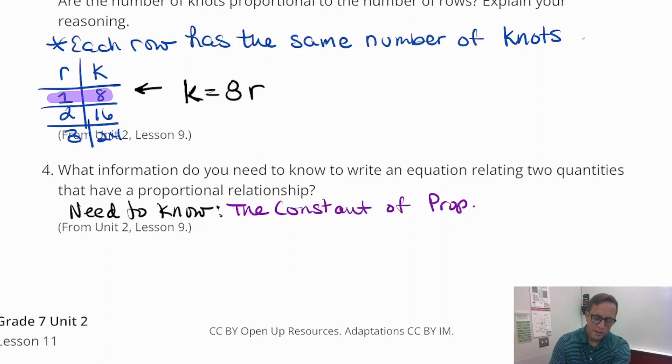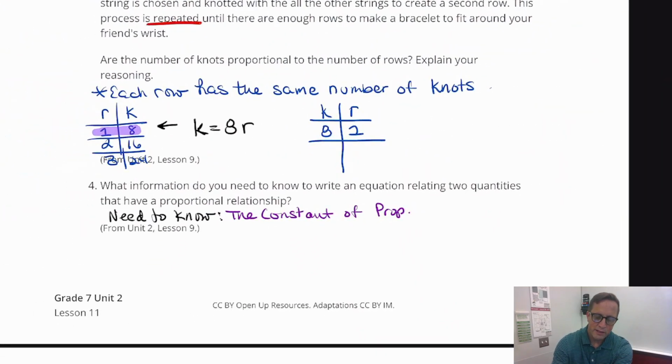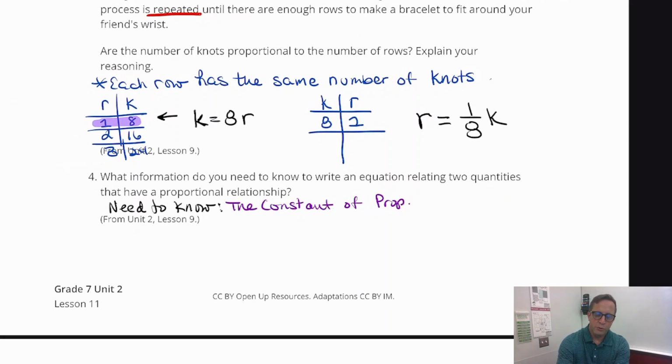Or there was no rule saying I had to set it up this way. Let's say I put knots in the x column and rows there, and I have 8 to 1 like that. Then r, rows, will equal 1/8 the number of knots. Okay, so there are your two equations right there.